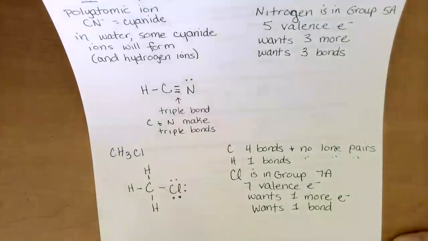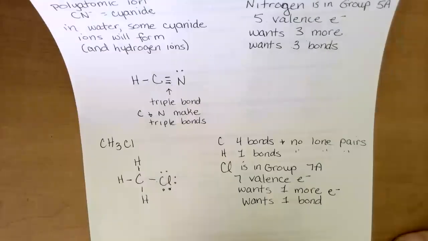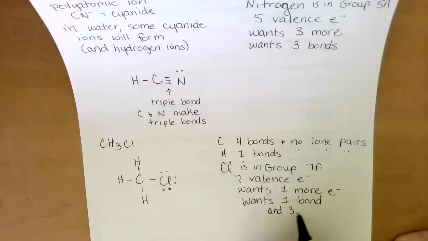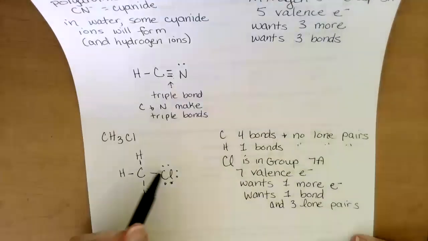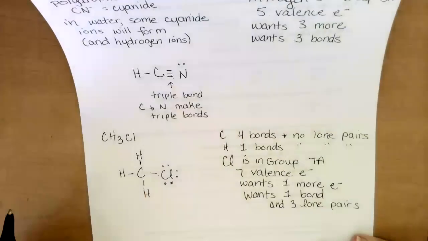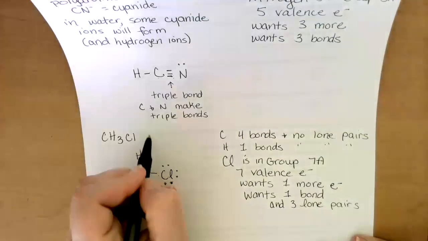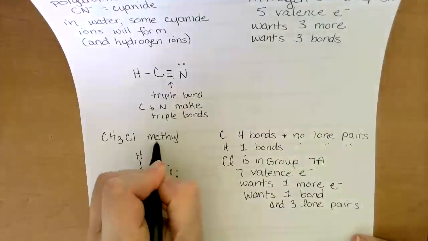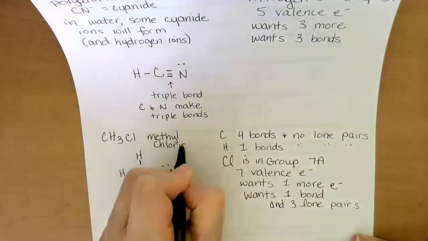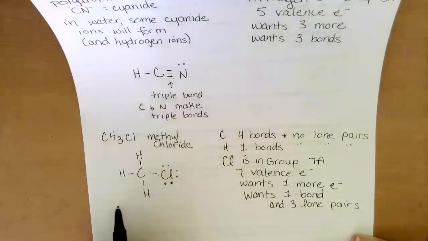They come as 3 lone pairs, so chlorine will have 1 bond and 3 lone pairs of electrons. That's the final structure for this compound, which is known as methyl chloride or chloromethane.